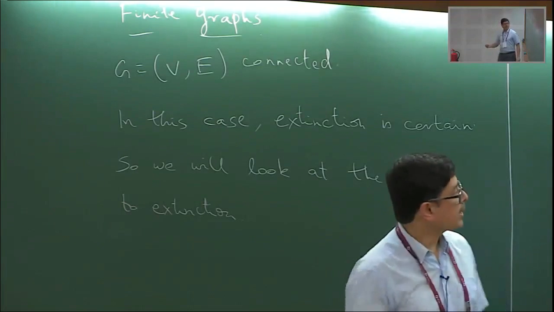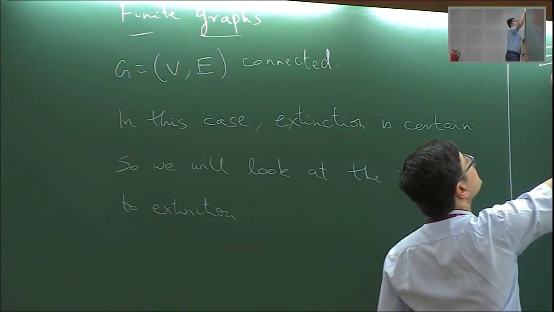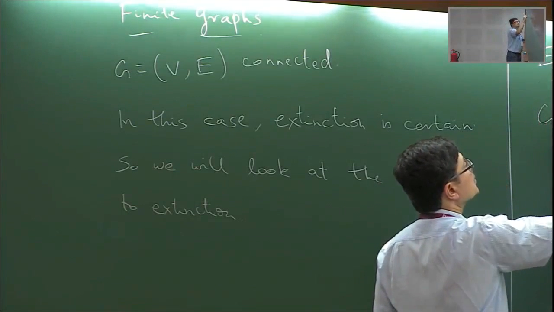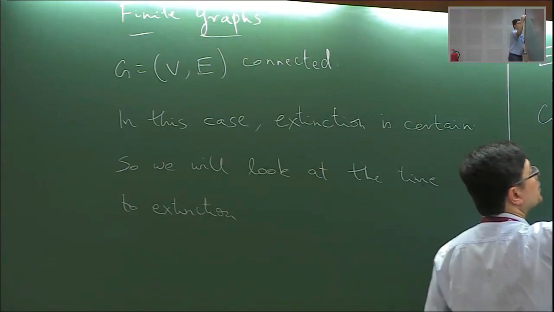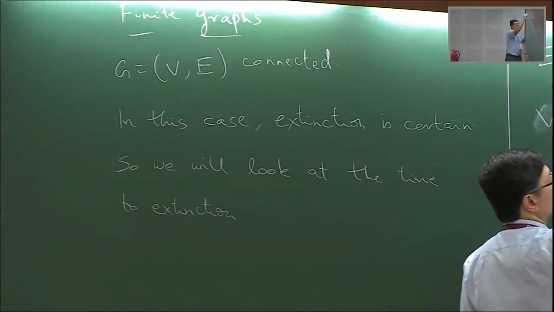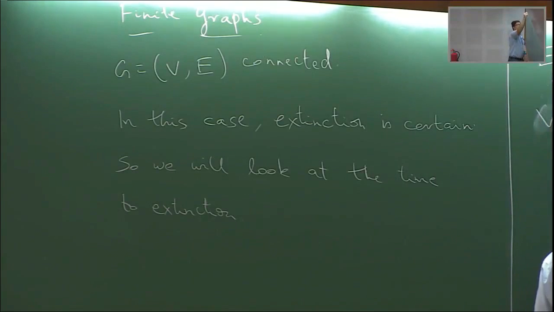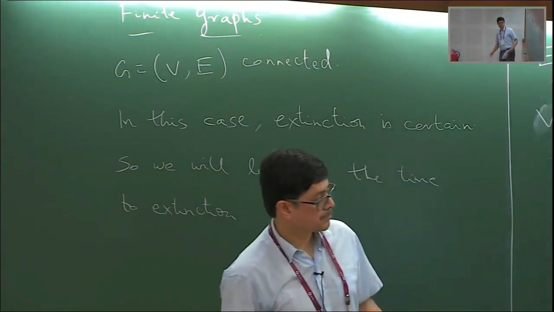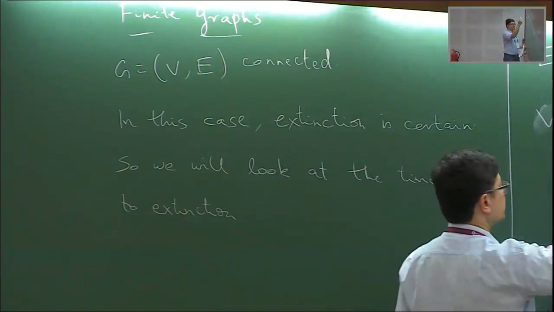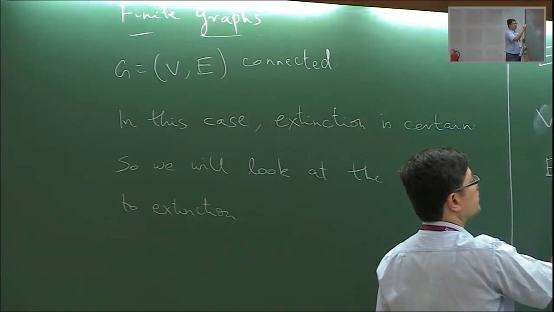So let's look at an example. The vertex set is just n nodes. So this is going to be a finite subset of Z^1.